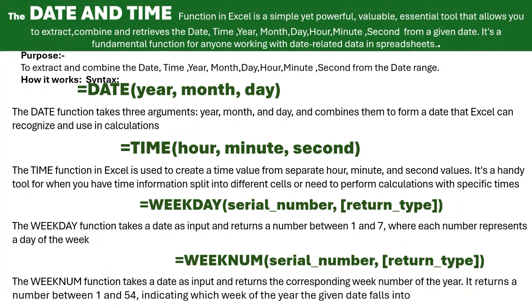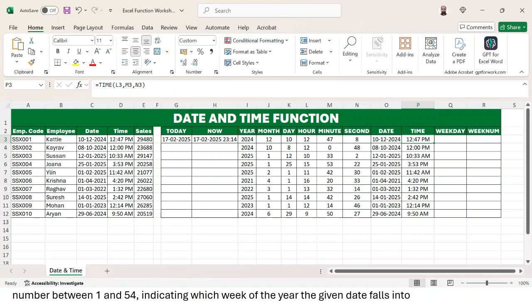So the week number function takes a date as an input and returns the corresponding week number of the year. It returns a number between 1 and 54, indicating which week of the year the given date falls in. That is how the weekday and week number functions work.